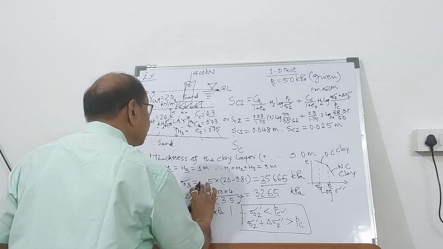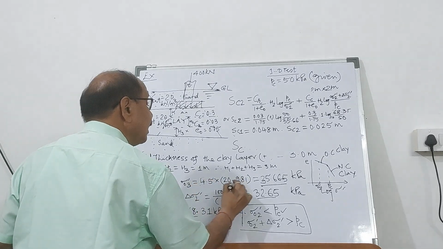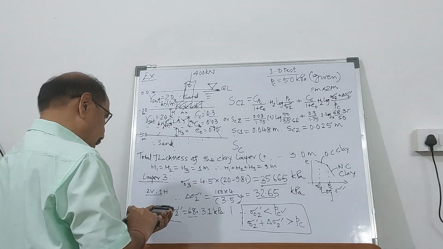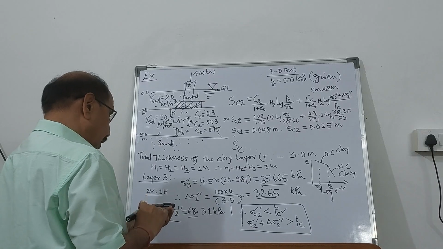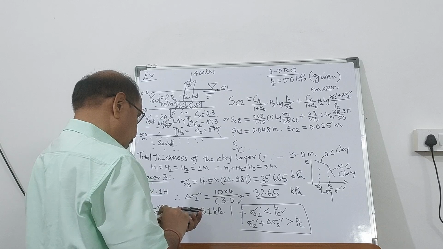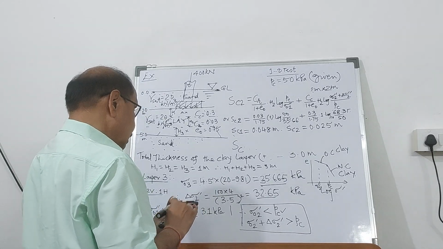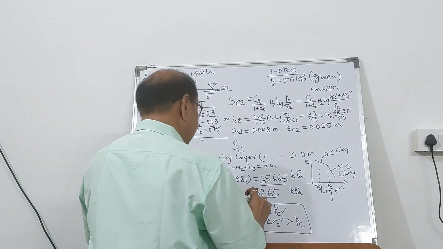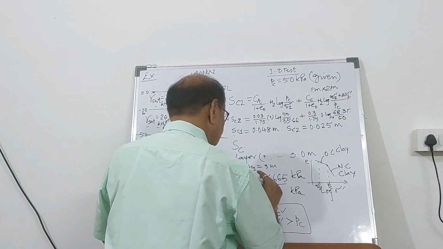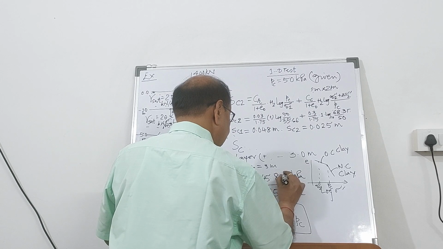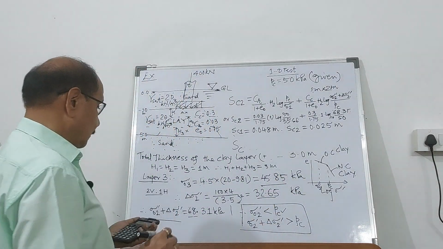So this becomes 4.5 multiplied by 10.19, which gives you 45.855, that is 45.85 kilopascal.